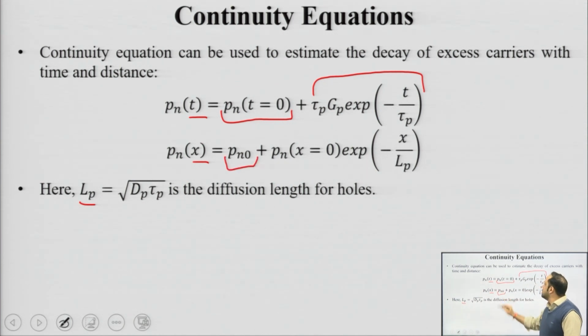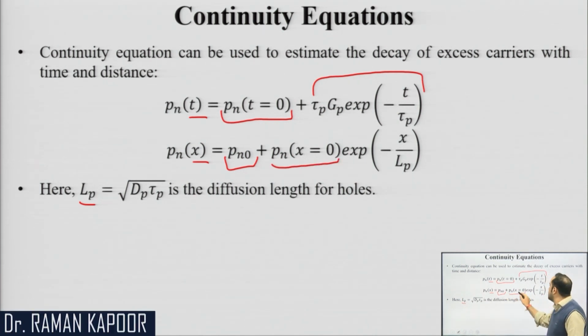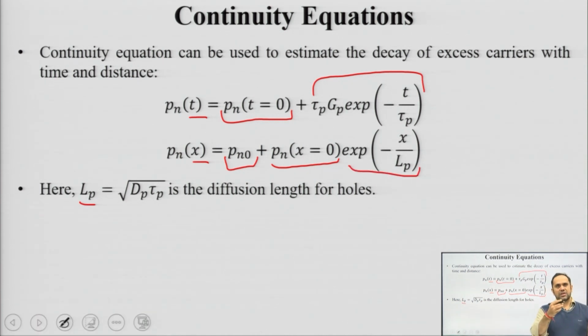At x equal to 0 you have an equilibrium concentration plus this, and it is exponentially dependent on distance. So, the excess charge carrier concentration decays with respect to time and distance. This is an application of the continuity equation.